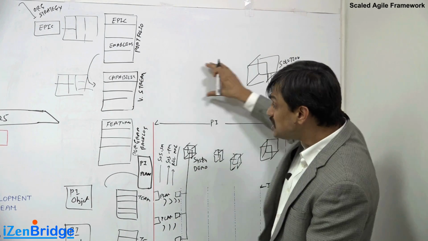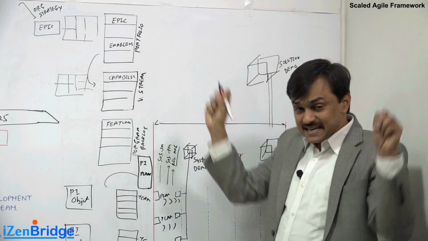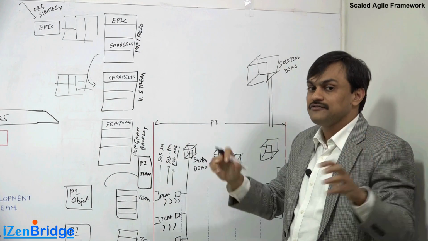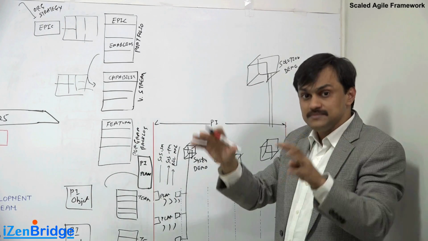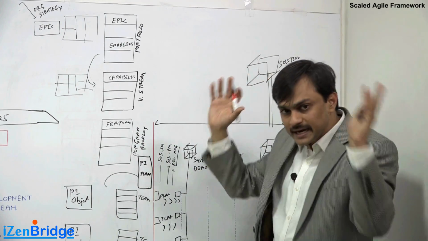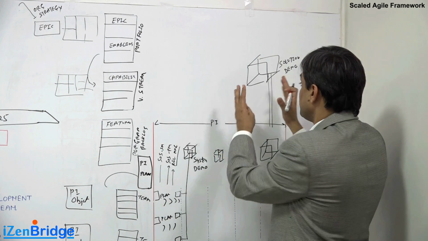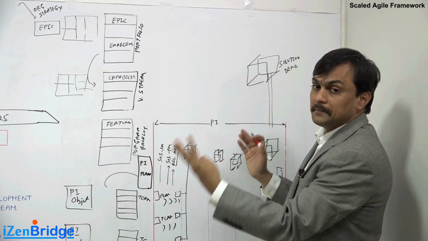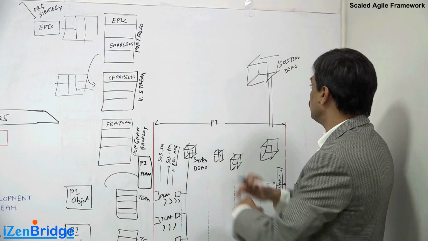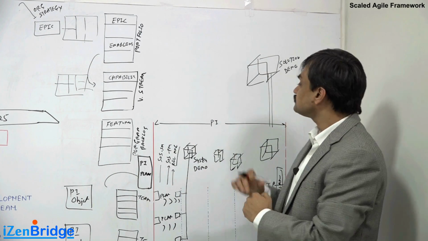When we talk about value stream, it involves multiple trains, so multiple programs' work. If I have 500 people working together, the work of all 5 teams should get integrated and presented at the solution demo once in 10 weeks minimum. It can be done more frequently, but once in 10 weeks you should be doing it.